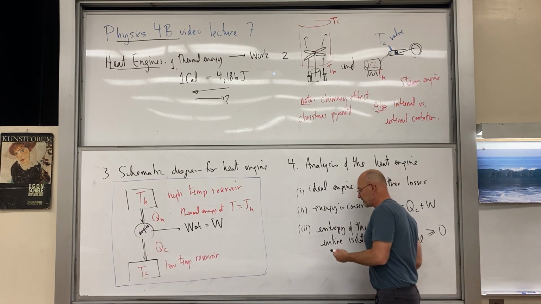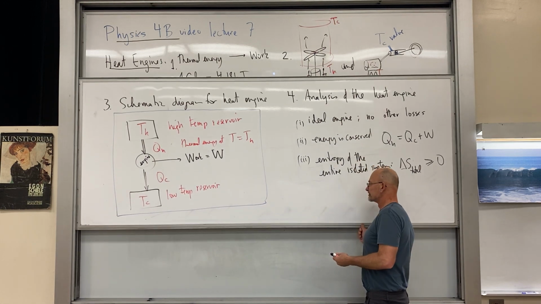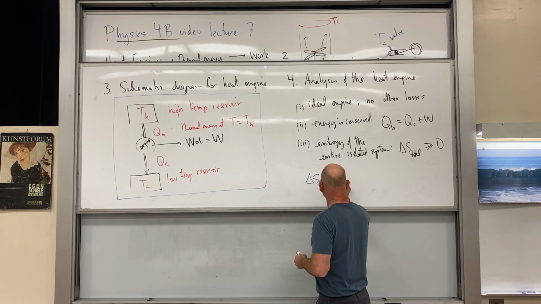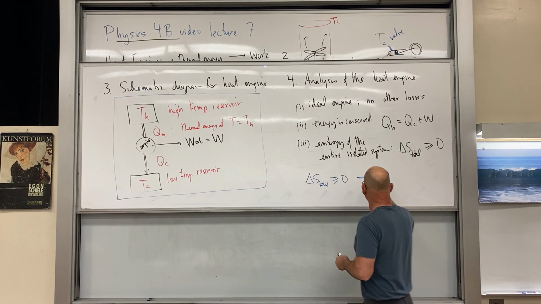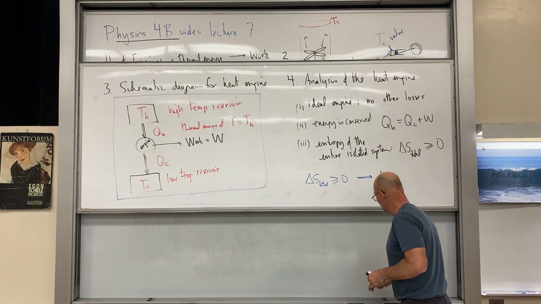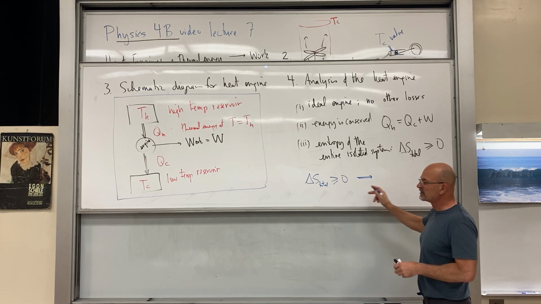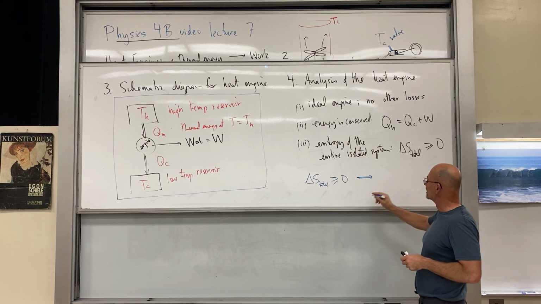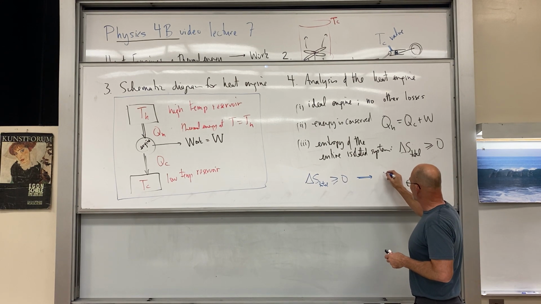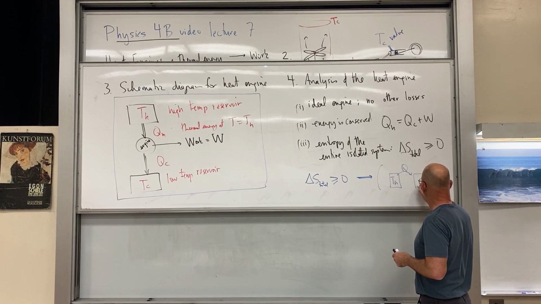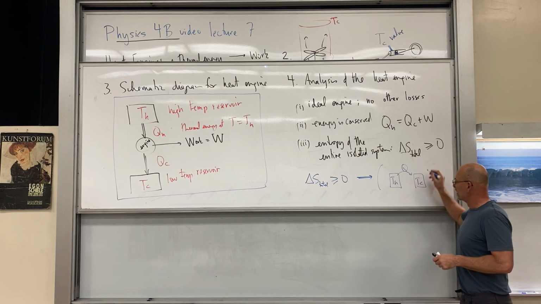And I'll just remind you again, delta S total greater than or equal to 0. I'll remind us of the picture there. We haven't done this for a couple hours, but it'll all come back. The idea was that we had TH, QH, TC, QC, right?